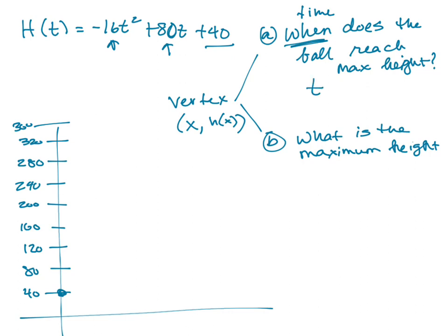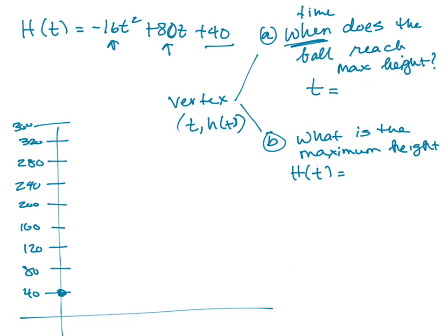And the what is the maximum height, or how high did it go, that's your h of t question. Does that make sense? So on your vertex, you're getting two pieces of information. You're getting a time and a height. And you have to know which one answers what question.